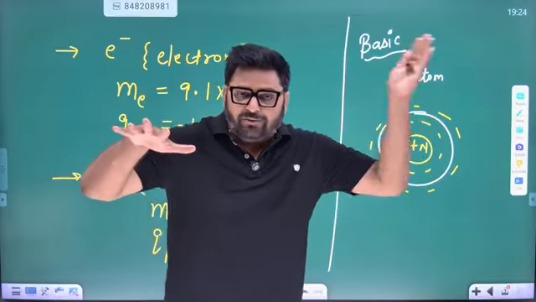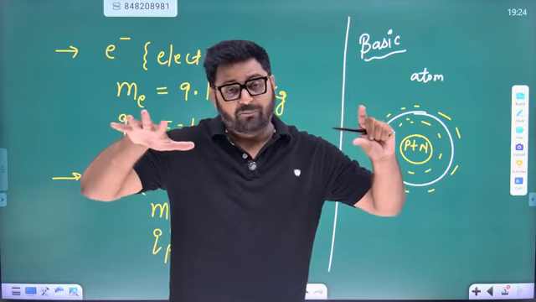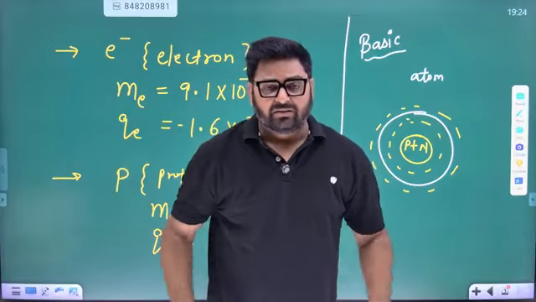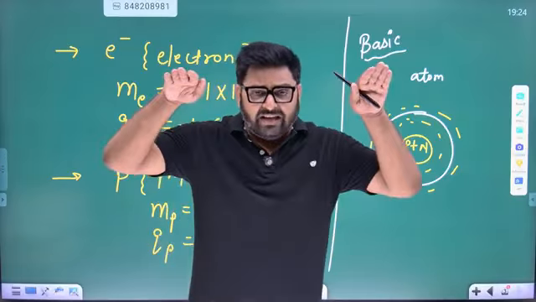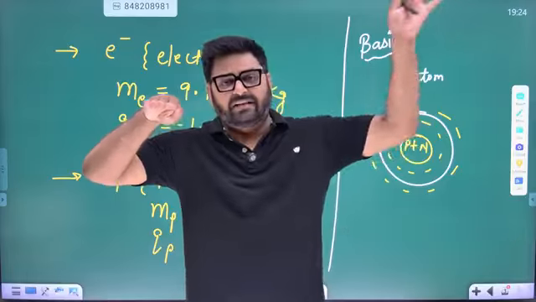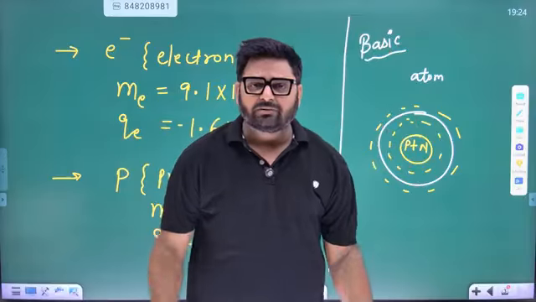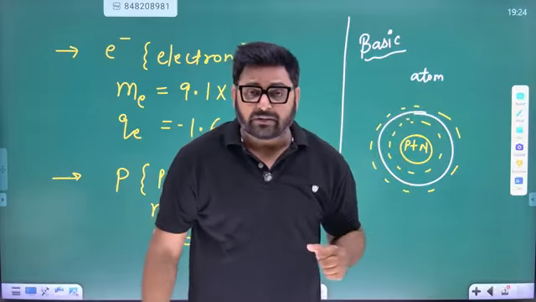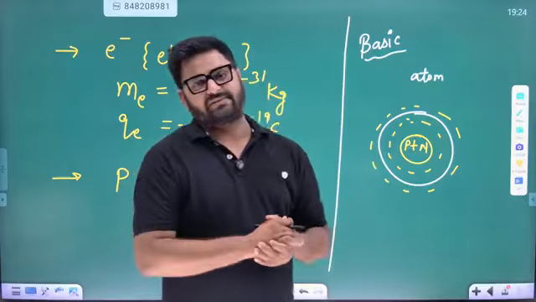If we remove electrons, the number of electrons becomes less than the number of protons. Since the positive charge is much more than the negative charge, the body becomes positively charged. And if initially they are the same and we bring some electrons and deposit them to the atom, the number of electrons becomes more than the number of protons. In this case, since the negative charge is more than the positive charge, the body becomes negatively charged. This is how a body is charged.